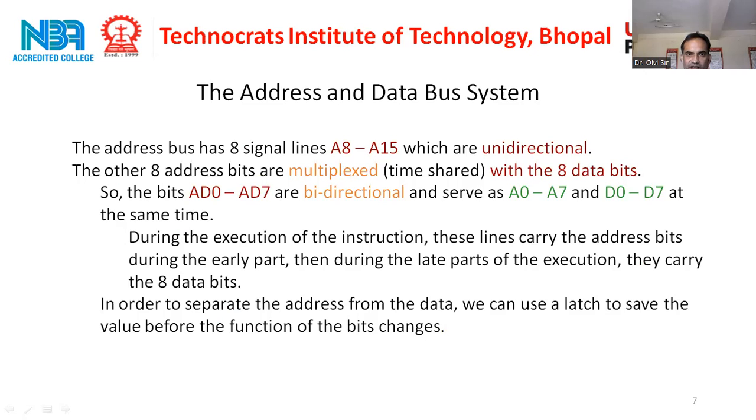So the bits AD0 to AD7 are bidirectional and serve as A0 to A7 and D0 to D7 at the same time. During the execution of an instruction, these lines carry the address bits during the early part. Then during the late part of execution, they carry the 8 data bits.